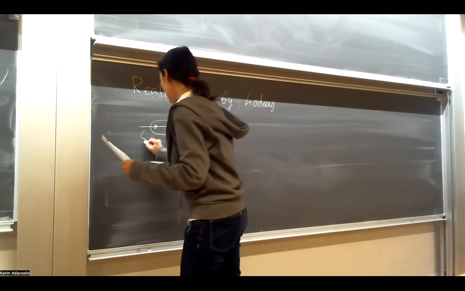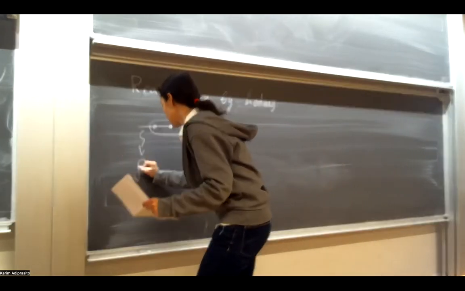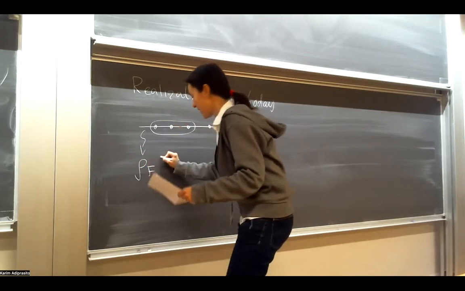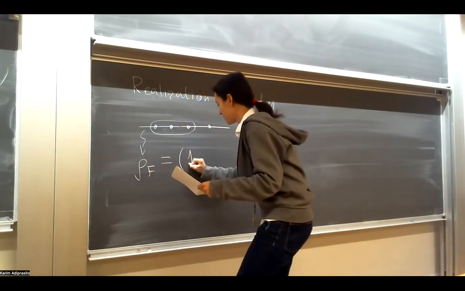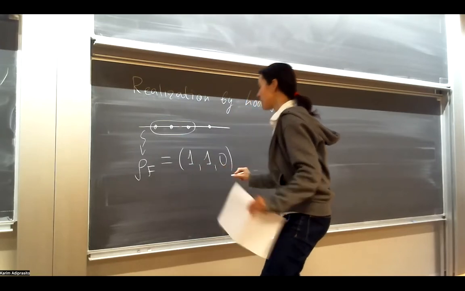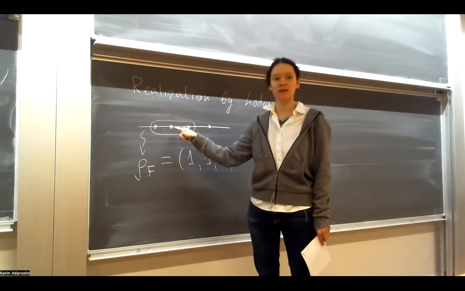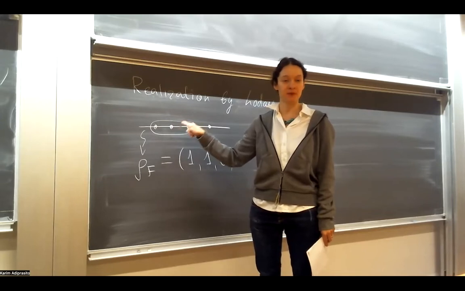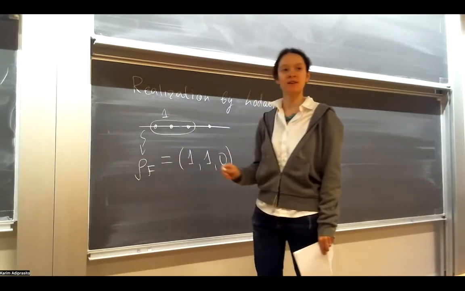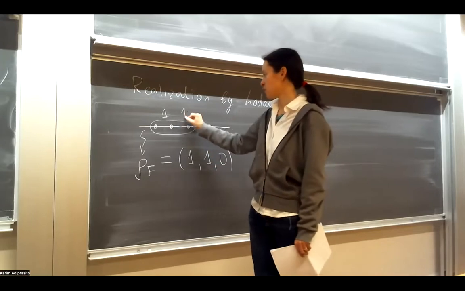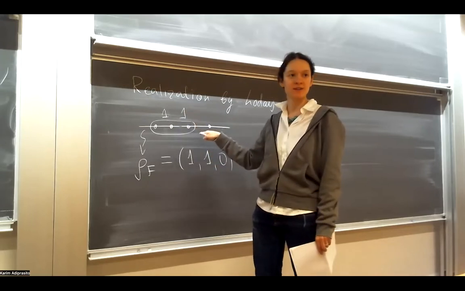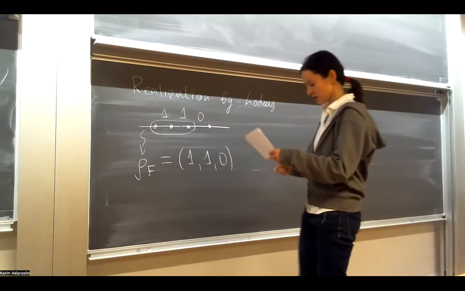So to this facet, the normal vector that you associate is 1, 1, 0. The rule is if the 2 points sit inside the bracket, then you put 1. If 2 points do not sit inside the bracket, then we put 0.